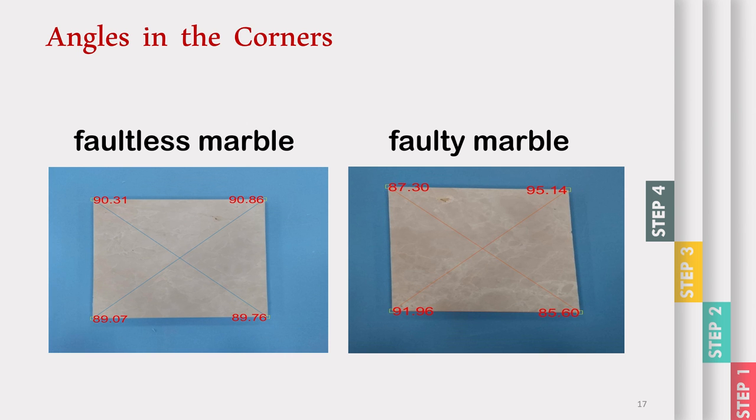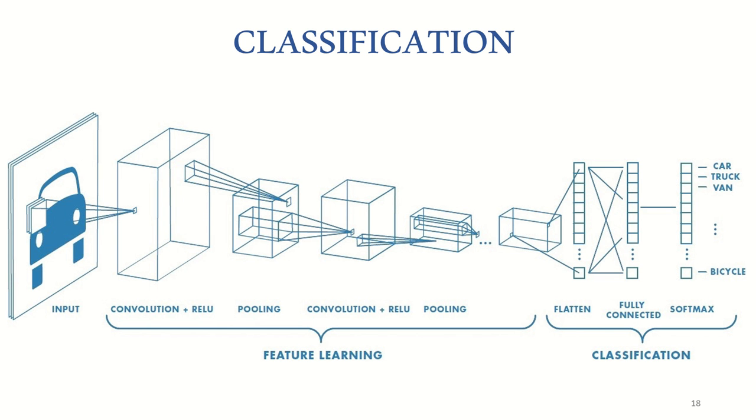And as you see, the left marble is the faultless marble, and the faulty marble, the right side, for example, right up angle is 95 degrees. So this marble is faulty. And we are passing to the classification of the marble.